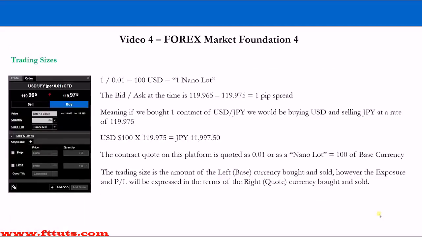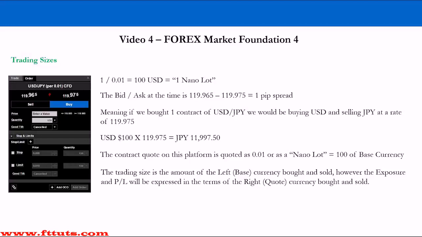Another example, let's have a look at a much smaller situation, a nano lot. If we're looking at dollar yen, for example, we can see that a pip value here is 0.01. So 1 divided by 0.01 is 100 US dollars, and that's equal to what we call in the Forex markets 1 nano lot. The bid/ask at the time in this situation is 119.965 to 119.975.